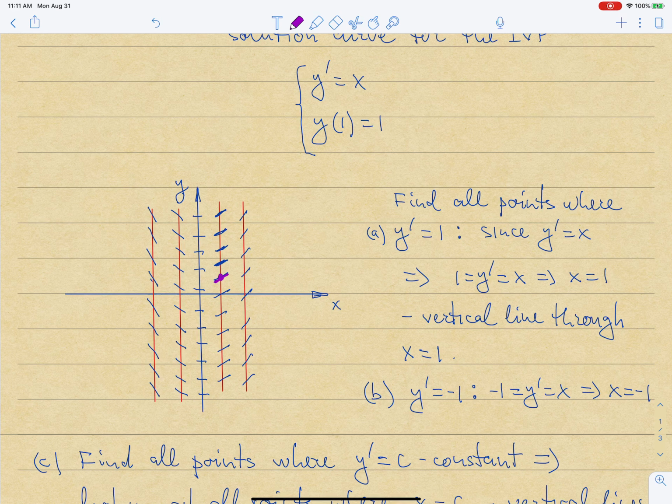And so that would be basically a piece of my solution curve that goes through the point 1, 1. Okay, so if I move a little bit to the right along this curve I end up at a point like that. What happens at a point like this? The slope is given by the x value at that point, which is now slightly larger.